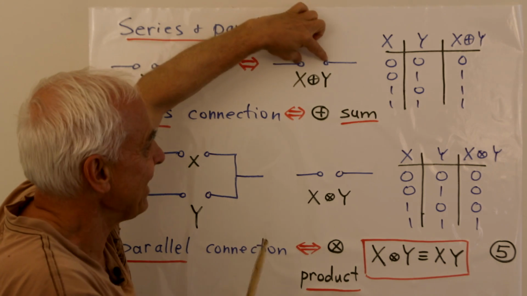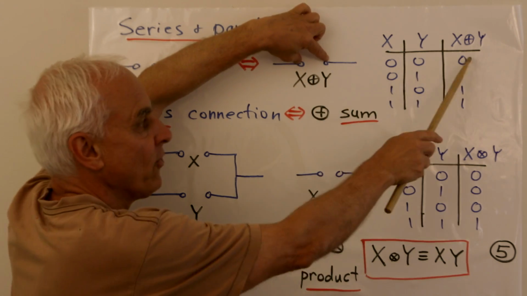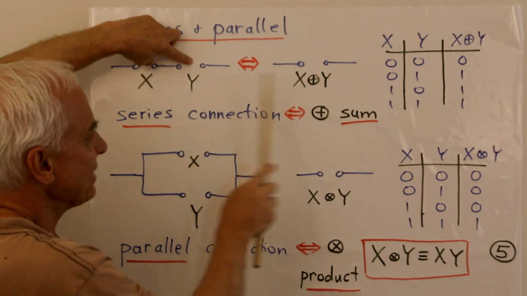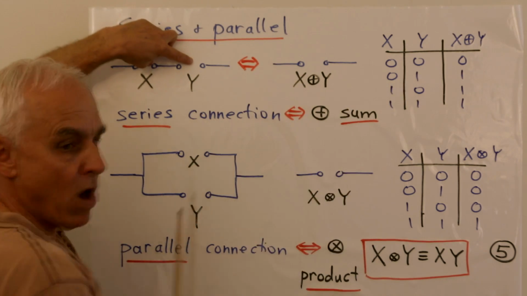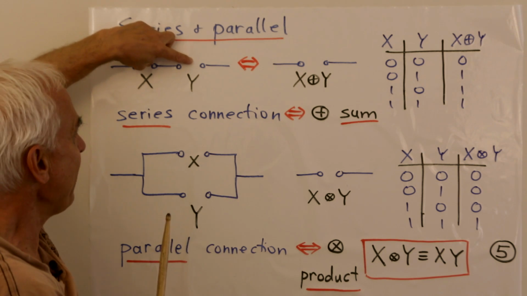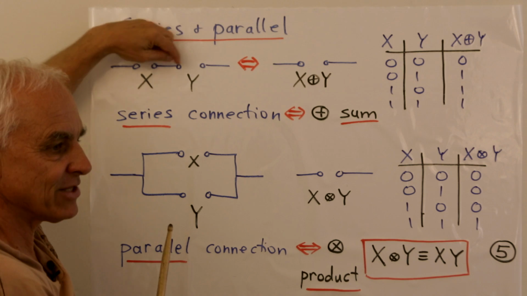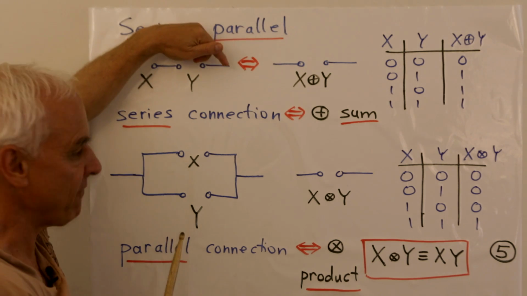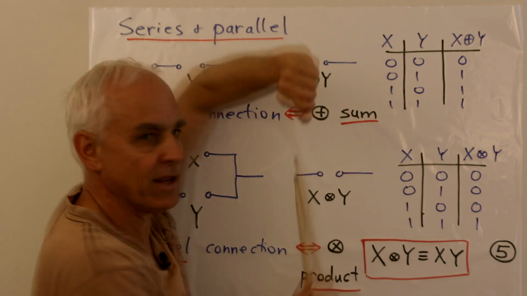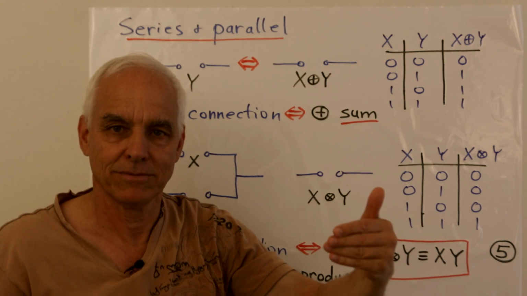So in other words, the hindrance of this thing will be also 0. On the other hand, if one or both of them are having a hindrance of 1, then that means that circuit is not closed. Cannot have a flow here, and so the net effect is to have a hindrance of 1 in the sum.